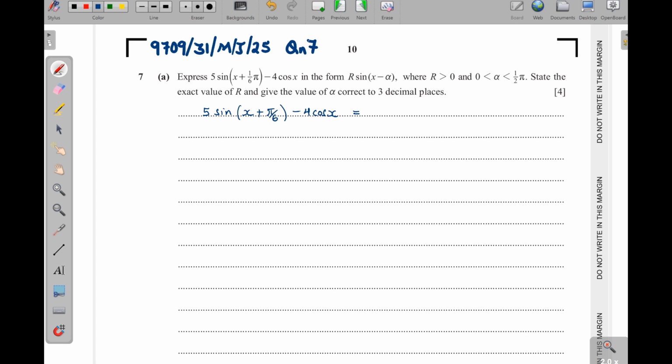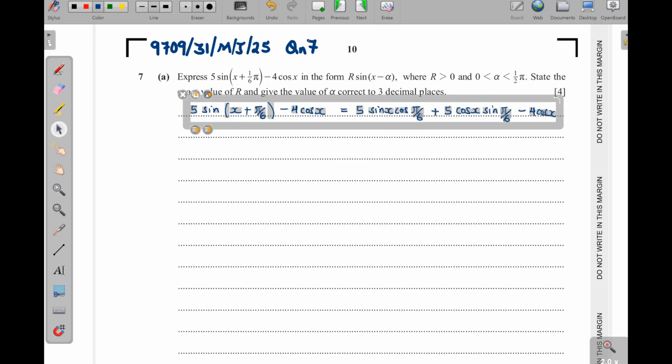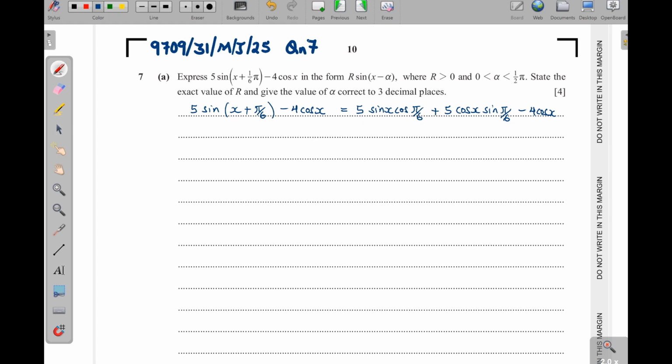Now this one is going to be 5, then we get sine x cosine of pi over 6, and then plus cos x sine pi over 6, then minus 4 cosine of x. Okay, then after this we can now simplify the ones that can be done.